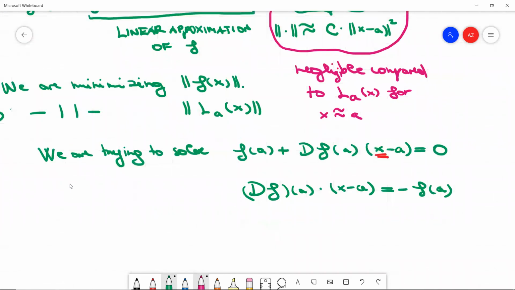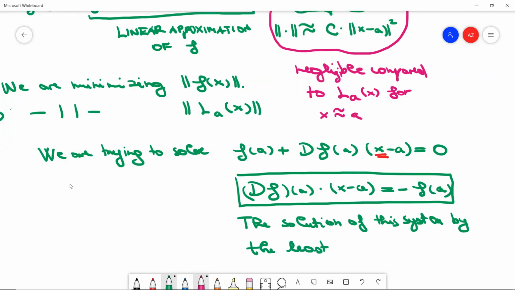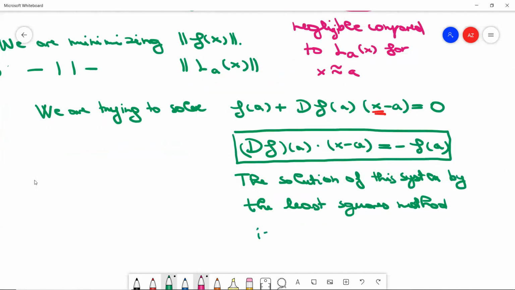And now you should remember from the linear systems chapter that the solution of this system by the least squares method is nothing else but x minus a equals the Moore-Penrose inverse of the Jacobian matrix applied to the left-hand side.